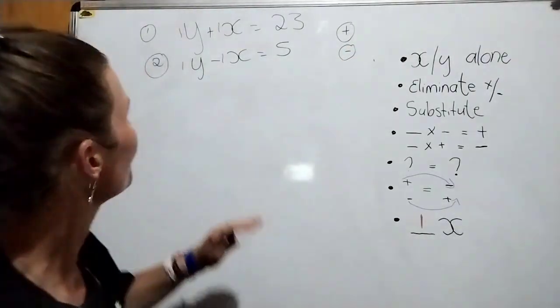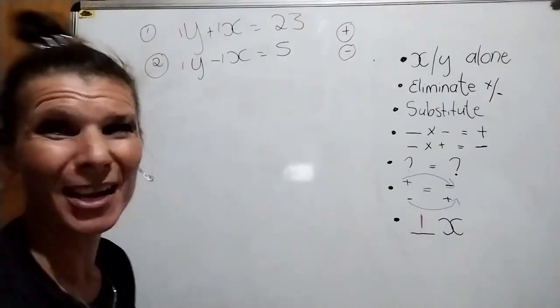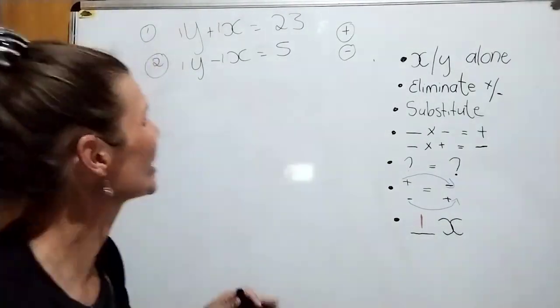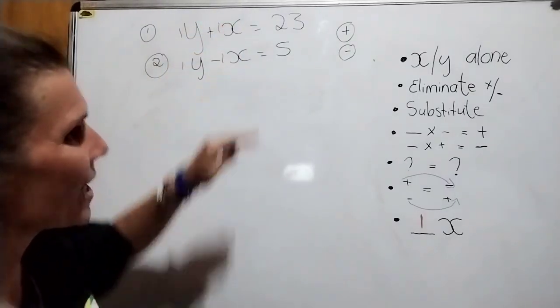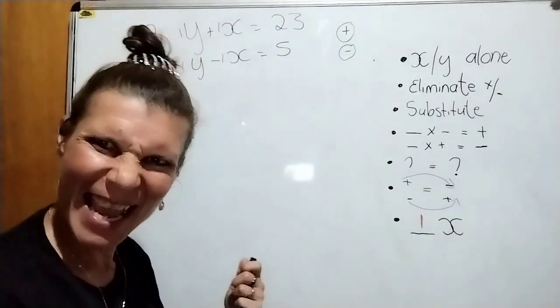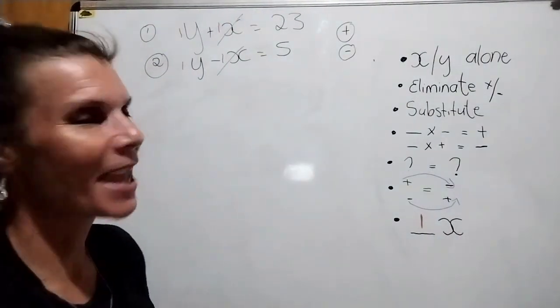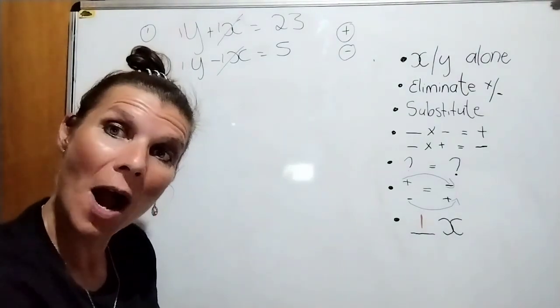Let's see. 1y plus 1y gives me 2y. So I can't cancel the 2y's out by plussing. Plus 1x minus 1x gives me nothing. So I can use my plus to cancel out my x, and now I have my y.